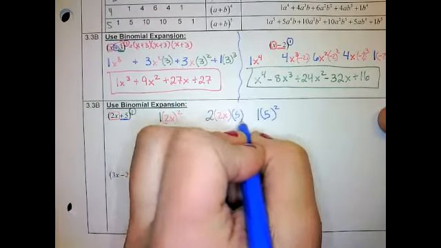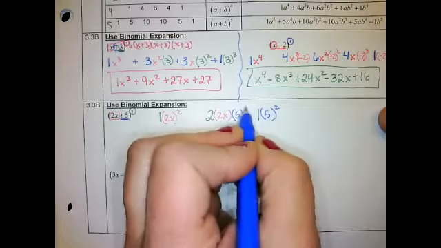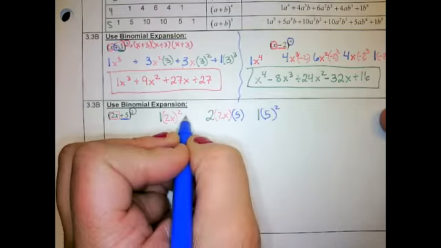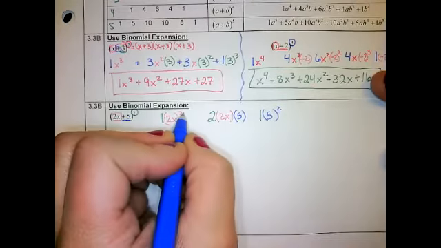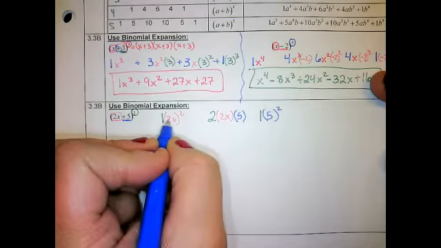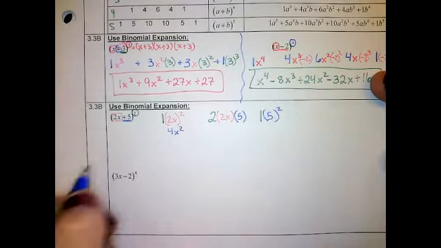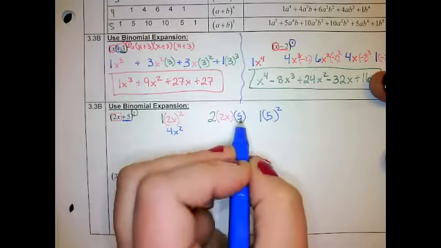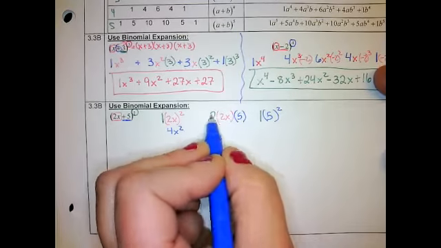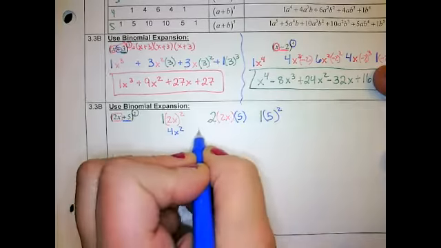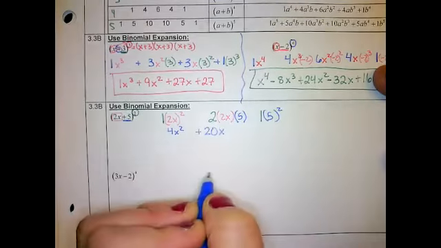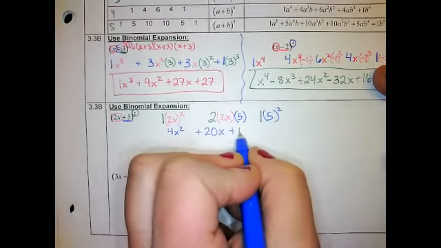And then it's going to lose a power every term. So 5 squared, 5, and then no 5. Okay, so now I'm going to do this math. 2 squared is 4. So this becomes 4x squared. 5 times 2 is 10, times 2x is 20x, and 5 squared is 25.